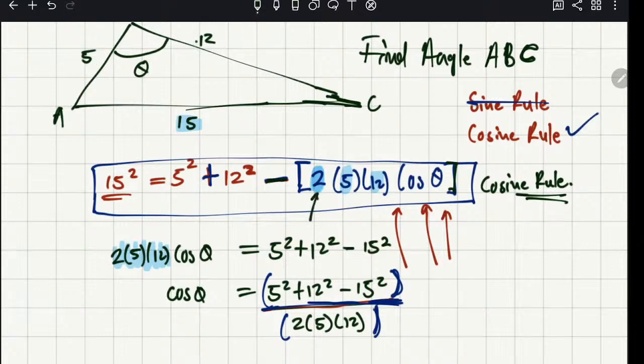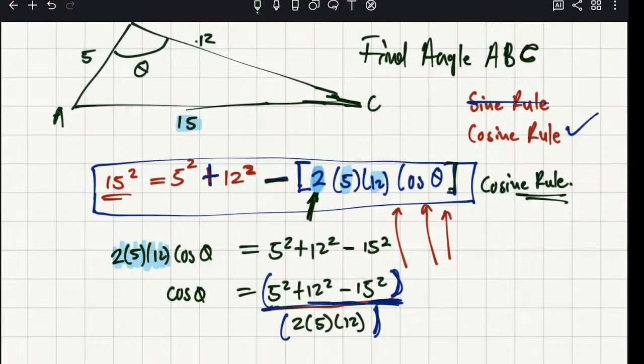This is the dangerous one, these 2 inside the bracket. People forget it. Trust me, I'm telling you the truth as my students. You say minus, you open bracket, you say 2, then 5, 12, then cos theta and close. If you start like this, LGK, you will not make a mistake.